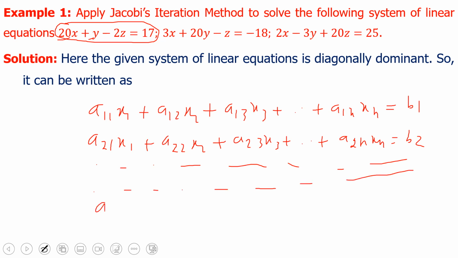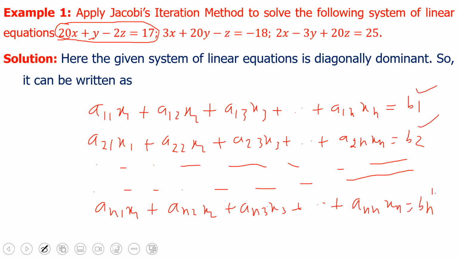So the last is An1 x1 plus An2 x2 plus An3 x3 plus up to Ann xn equal to bn. So now we have the first equation, second equation, up to the nth equation. What we are getting, A11, A12, A13, is the coefficient matrix. Similarly A21, A22, A23, A2n. So we will get an n by n matrix.